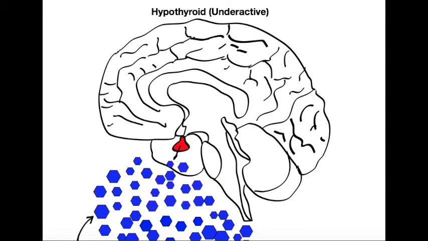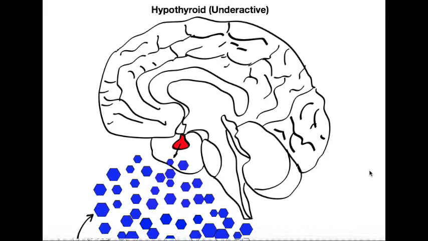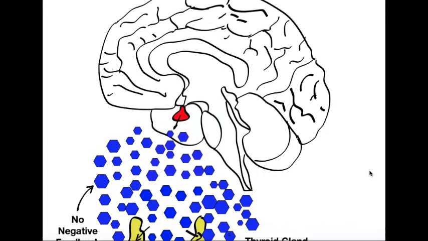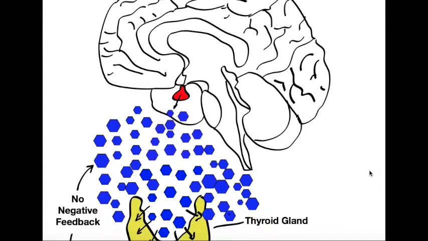There are various conditions that can cause an underactive thyroid gland, but the basic principle here is that the thyroid gland isn't producing enough thyroxine. Now, as mentioned earlier with the normal function of a thyroid gland, if there isn't enough thyroxine in the bloodstream, the pituitary gland is not turned off and therefore it carries on producing thyroid-stimulating hormone.